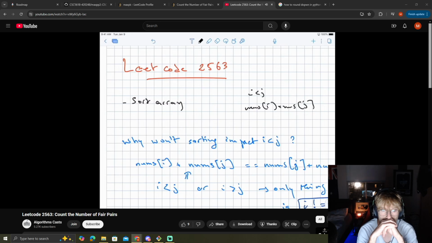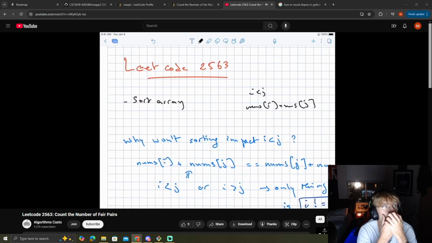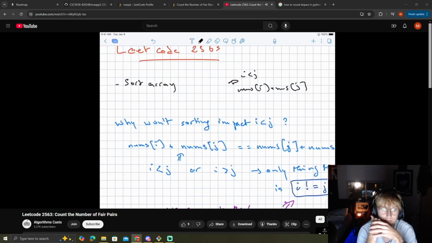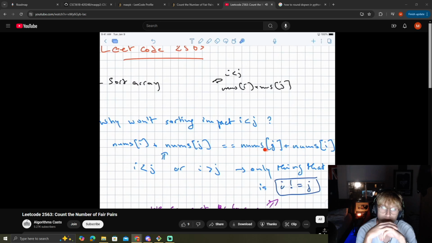If we sort, we need to think about whether this impacts anything. It doesn't, because the sum of num at i plus num at j is equal to the sum of num at j plus num at i. Whether i is smaller than j or bigger than j doesn't matter; we can just flip the order.